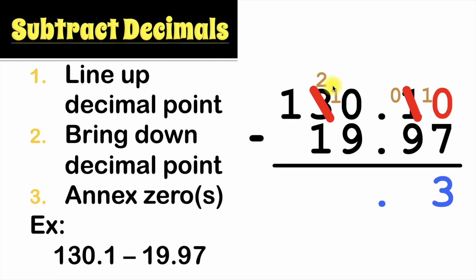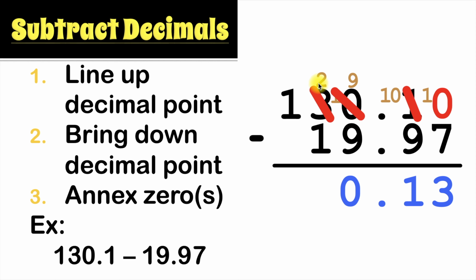So now we'll borrow 1 from this 10, making it a 9, and the 1 we borrowed will go right here. So now we have 10. And we can do 10 minus 9. That gives us 1. We can also do 9 minus 9. That gives us 0.